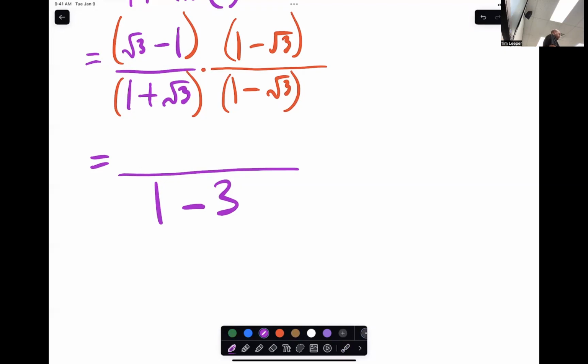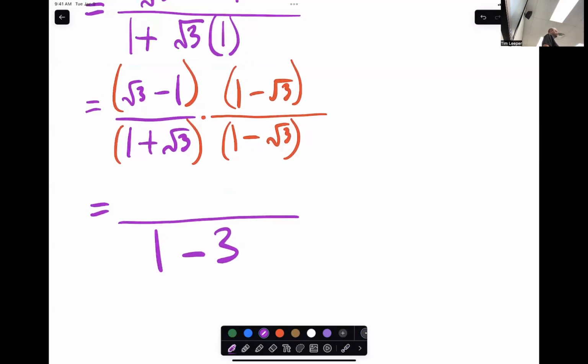Look at the numerator now. You have to just distribute those. Square root of 3 times 1 is the square root of 3. Square root of 3 times negative square root of 3 is negative 3, because the square root times the square root cancel, leaving you with the radicand. You're squaring the square root there, right? The square root of 3 squared gives you 3.